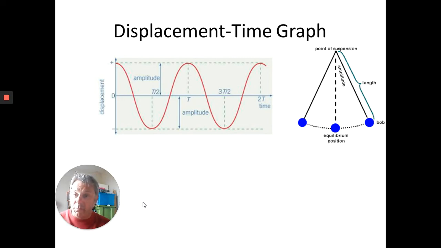And remember, a maximum displacement is what we call the amplitude. Okay, so we're moving all the time from the positive amplitude through the equilibrium and then to the negative amplitude. And it'll repeat that. And you can see after one time period, where T is on the graph, we've gone through that one cycle. Okay, so we start on the left, we've gone through equilibrium to the right, back to equilibrium, back to the left. We've gone through that one full cycle then.